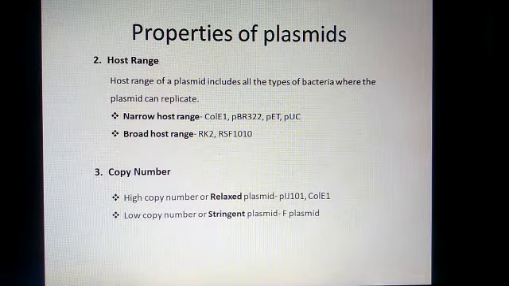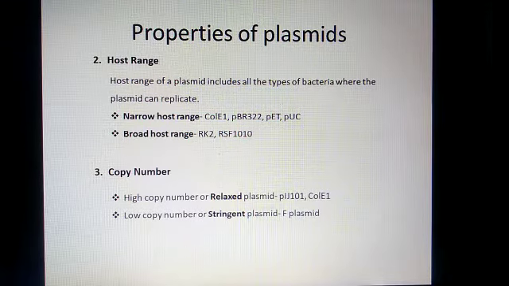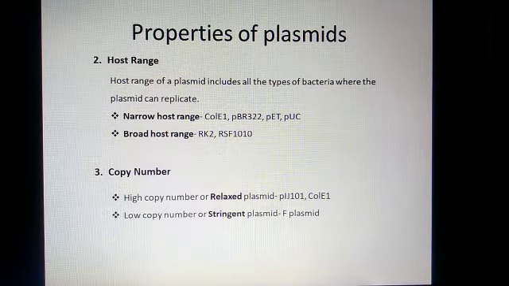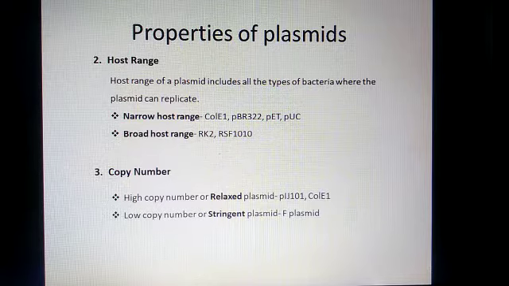Plasmids that have a high copy number are called relaxed plasmids. However, others such as the F plasmid of Escherichia coli replicate only once or a few times during the cell cycle. These low copy number plasmids have a tight mechanism for regulating their replication and are called stringent plasmids.